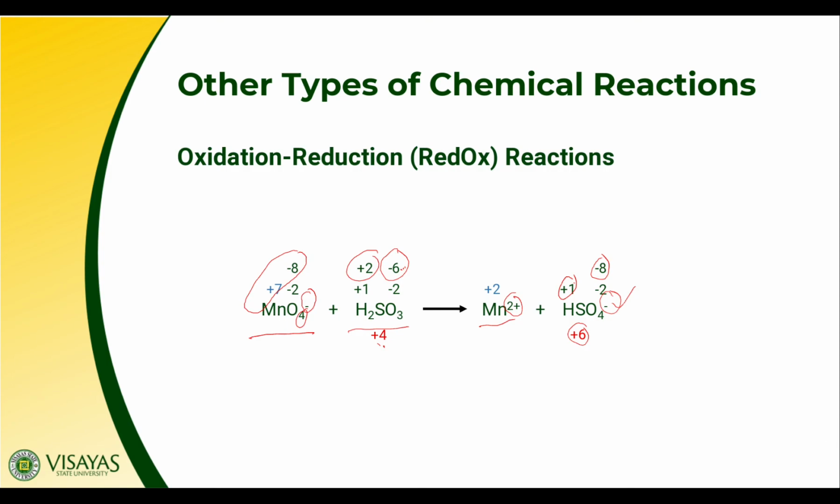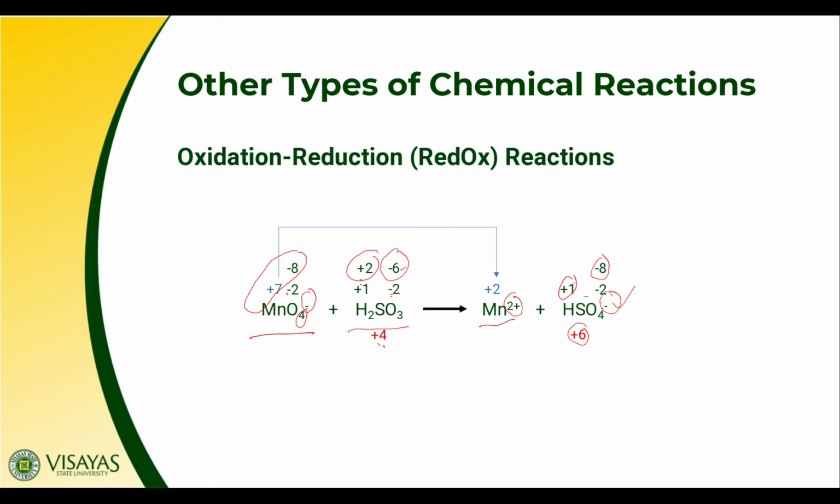Now let us compare the oxidation numbers. For oxygen, it's the same, no? Negative 2 on the reactant side and negative 2 on the product side. For hydrogen, it's still the same, positive 1 on both sides. What changed were the oxidation numbers for manganese and sulfur.